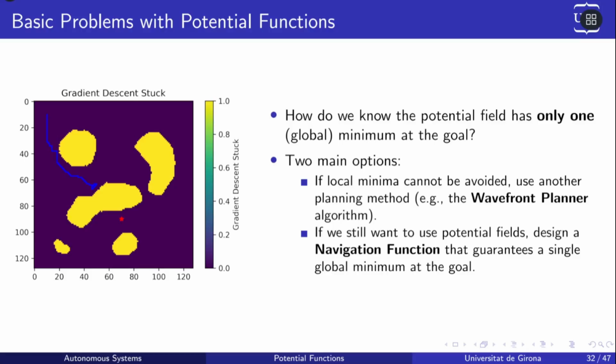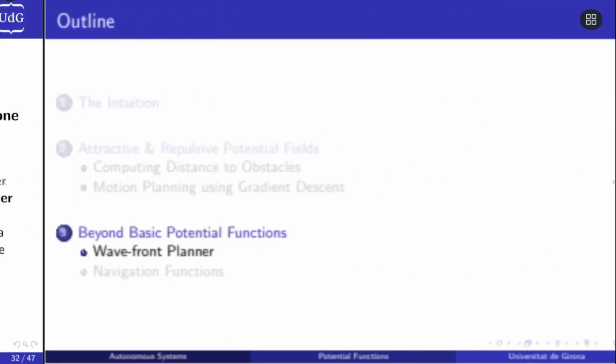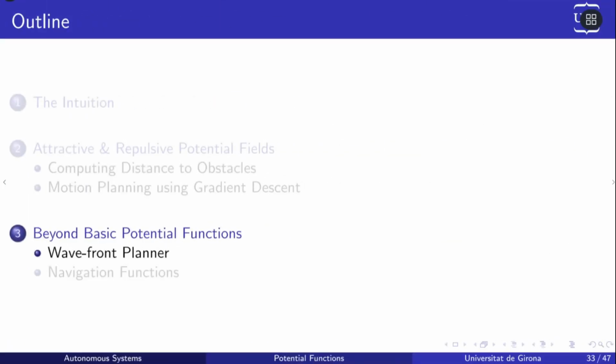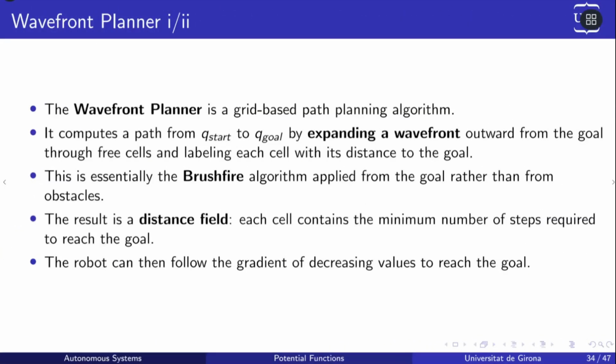But this is a super simple algorithm, and it works. It's very simple, and it cannot be used all the time, but most of the time it can be used, and in fact it uses the same idea of the BridgeFire algorithm that you have already seen. Then it will be quite easy for you to understand. So let's first see this wavefront planner.